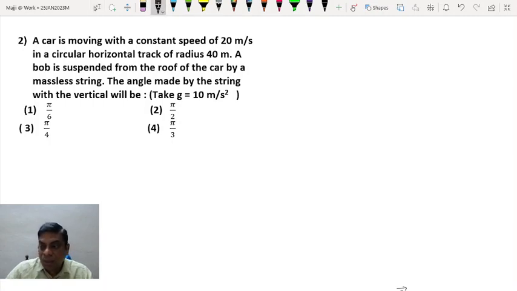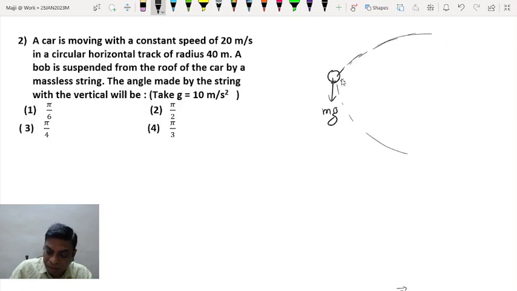Okay. We will draw the free body diagram of the bob by taking the car as the frame of reference. Suppose the car is going this way along a circle of radius r.